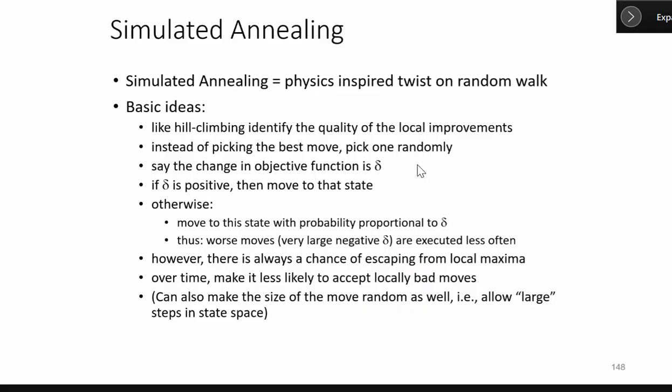But here, we pick one state randomly, any state. Say the change in objective function is some delta. If delta is positive, then move to that state. Otherwise, move to the state with probability proportional to delta. Thus, worse moves, with very large negative delta, are executed less often. However, there is always a chance of escaping from local maxima.